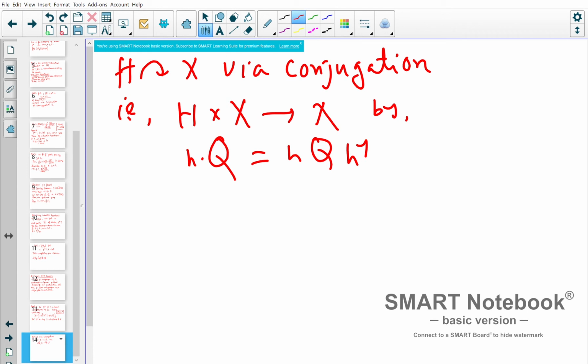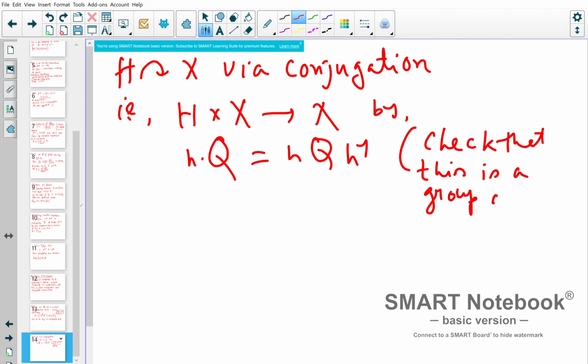That is the group action, which we already checked. So H is acting on X, where X is the set of conjugates of the P Sylow subgroup P.